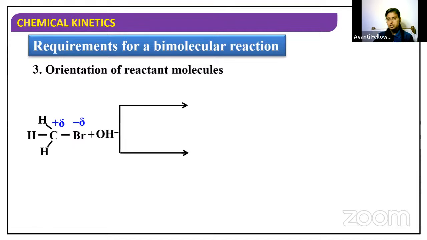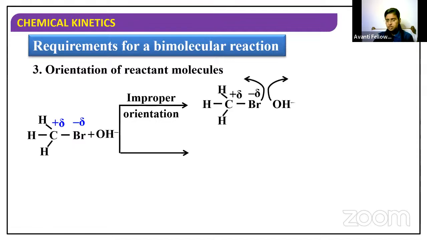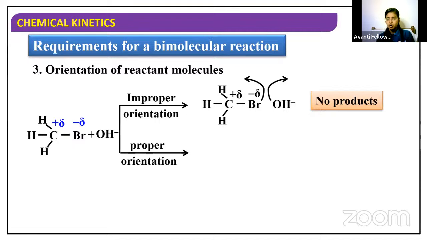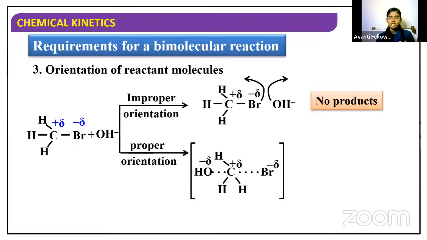One outcome is from the improper orientation. If the orientation is not proper and the two molecules come closer to each other, they will repel each other like this. No products are formed from this. And if the orientation is proper, we get an intermediate, and the intermediate will break down to give the corresponding products, CH3OH, methanol, and Br minus ion.